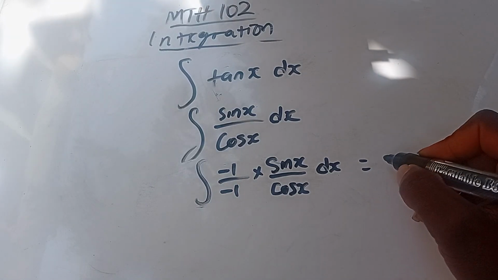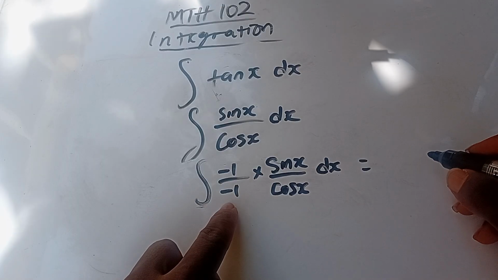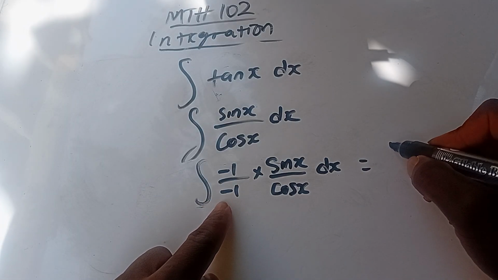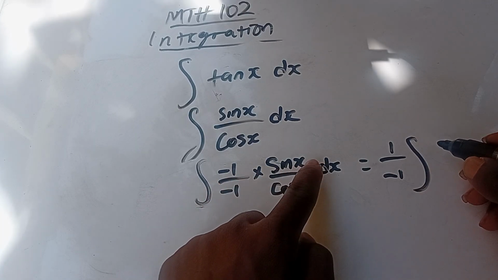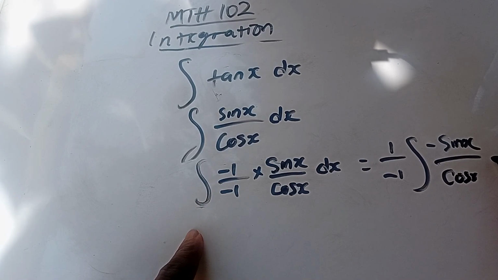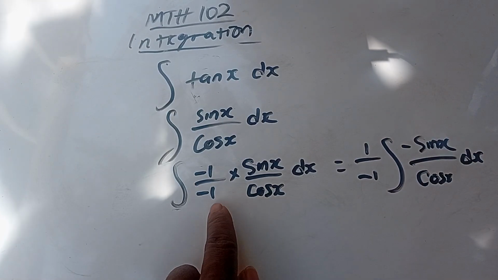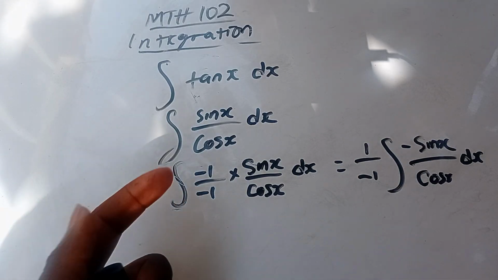So here it becomes the integral of, now this minus 1 here I can bring it out. So the integral of 1 over minus 1, times minus sin x over what? Over cos x. Then you have your dx. Do we see? Like the minus 1 down here, I brought it out. Normally 1 is always everywhere.